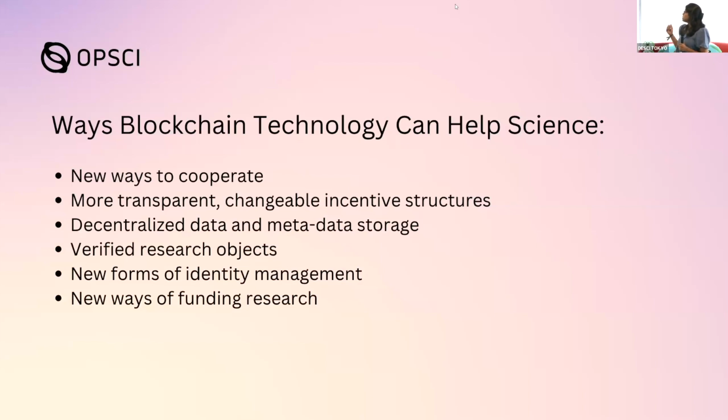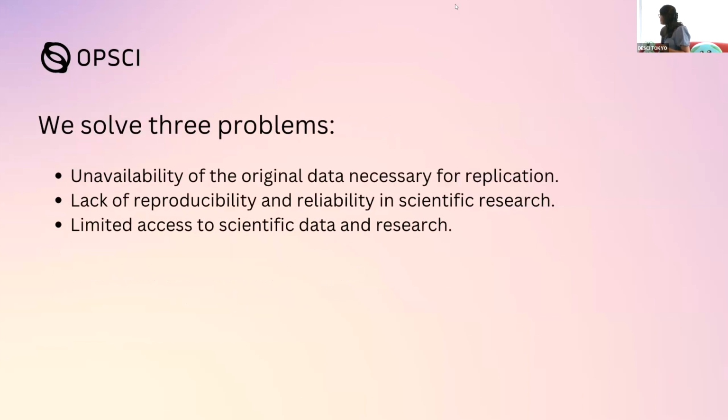We can also store decentralized data and metadata storage. DBDAO is one of the products to do that. So, verifiable research objects and new forms of identity management. We are trying to solve three problems.